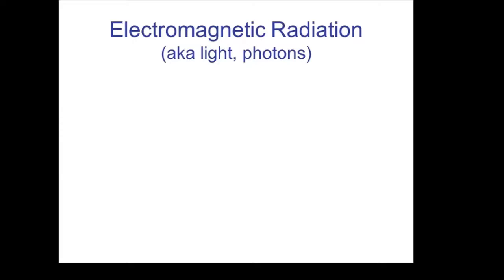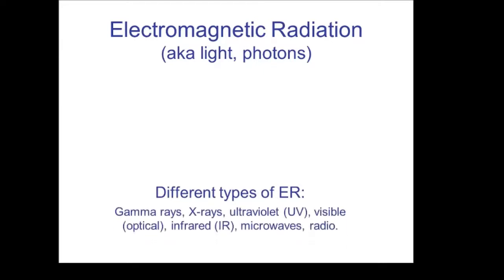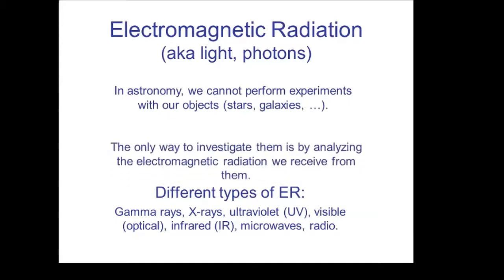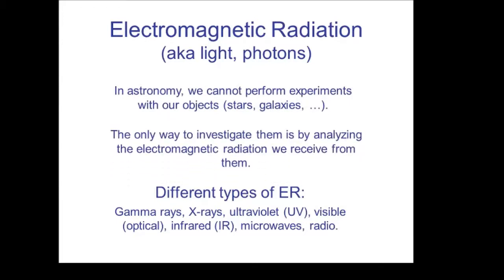But when it comes to stars and galaxies, we can't visit them. So we are sort of forced to just accept what these things give us. And 99.9% of what we get from stars and galaxies comes in the form of electromagnetic radiation, which just generically is referred to as light, right? Just light.